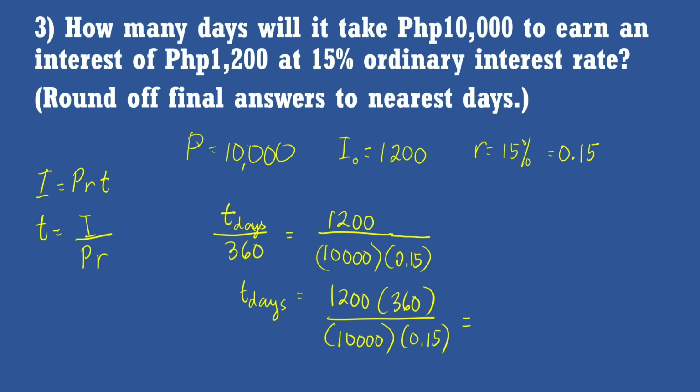Okay, calculators. 1,200 times 360 divided by 10,000 and 0.15. So, we have 288. This is already in days. Okay?